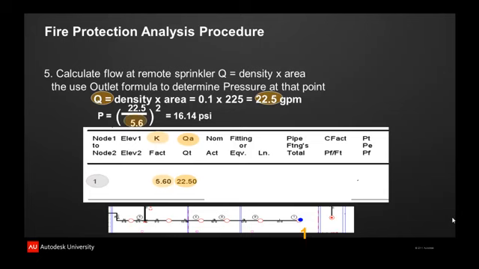And then we're going to record the K factor of 5.6, and the starting pressure that we just calculated of 16.143. Since there's no other flow added at that point, the flow through this first piece of pipe, starting at reference point 1, the total flow, is 22.5 also. So we can record that on the calculation format.